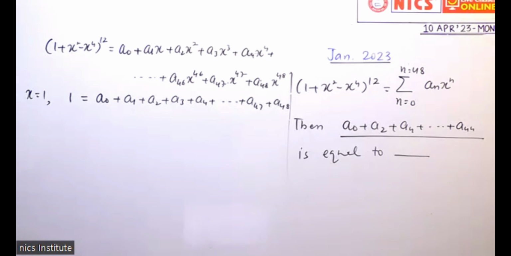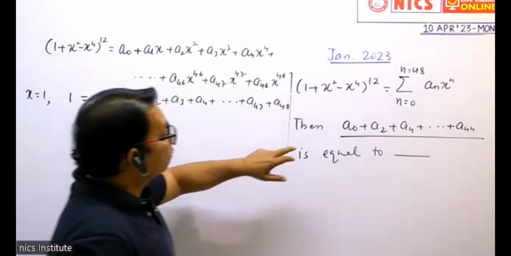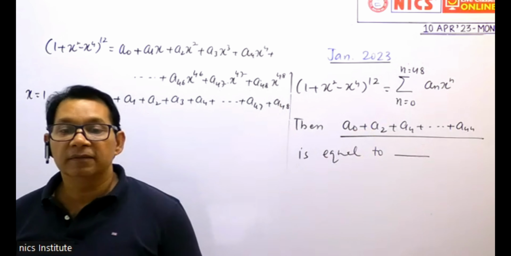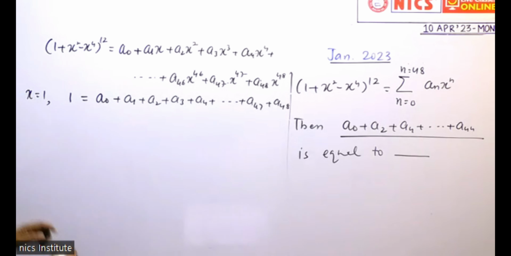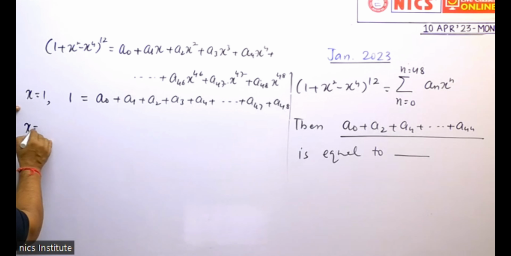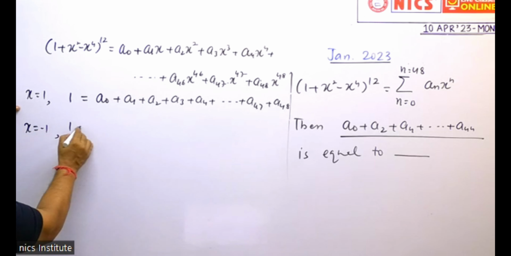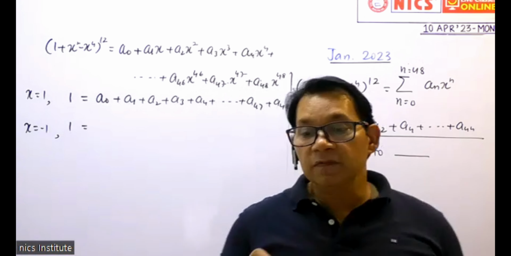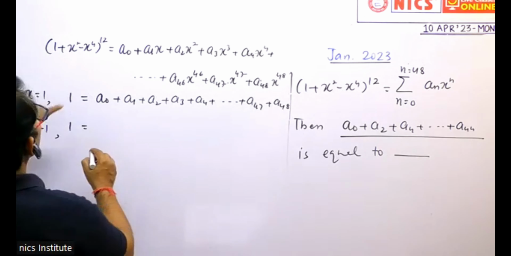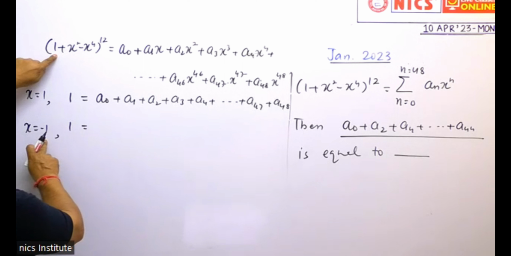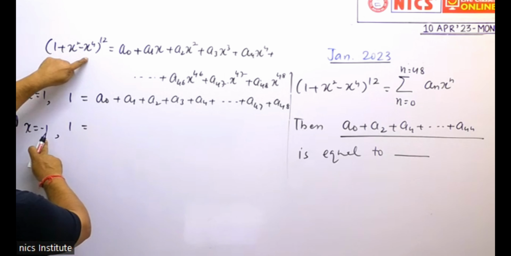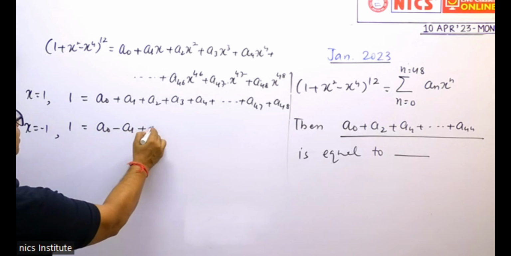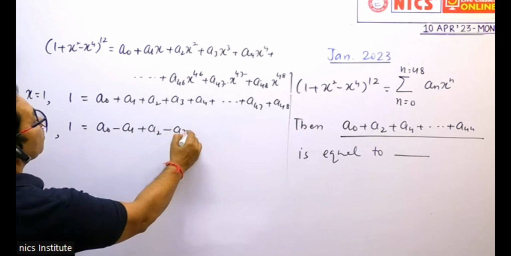Then you notice it is a₀, a₂, a₄, a₆, only even terms are there. So you can substitute x = −1. If I substitute x = −1, the terms will be alternately negative and positive. When I substitute −1, this is 1 + 1 − 1, so 1 is on the left hand side. On the right hand side, terms will be alternately negative and positive.